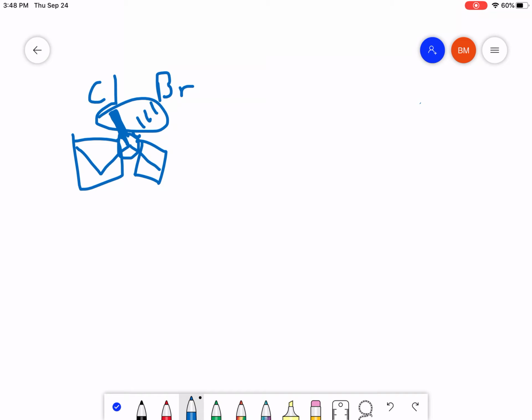One important thing to note, whenever you're drawing dashes and wedges on skeletal structures, the dash and the wedge always go in the same direction as the carbon, right? So, I want to redraw this because I've written all over it. Except I drew it wrong.